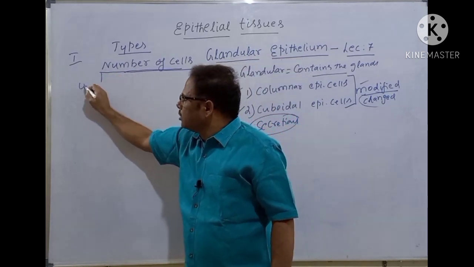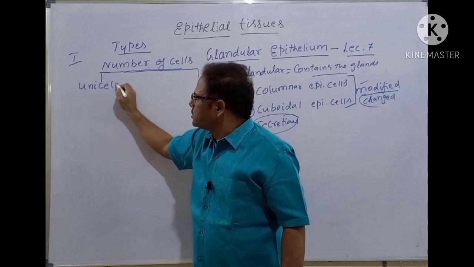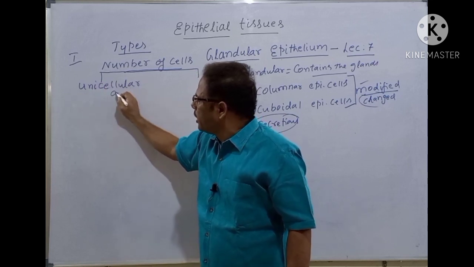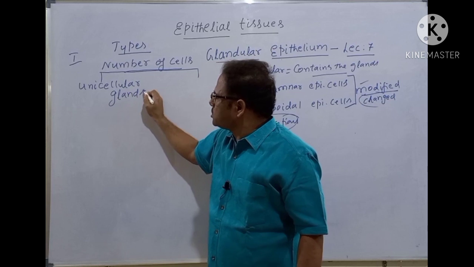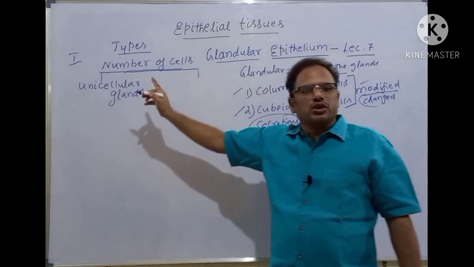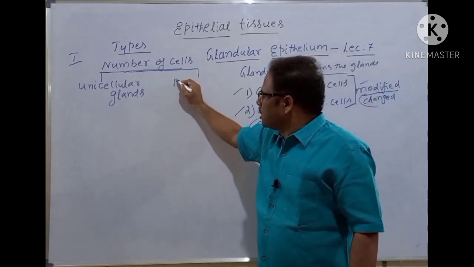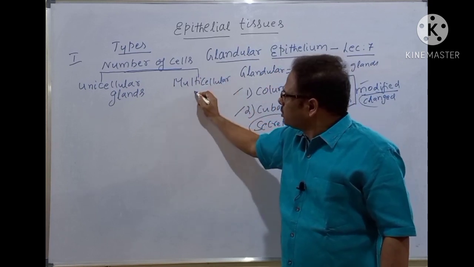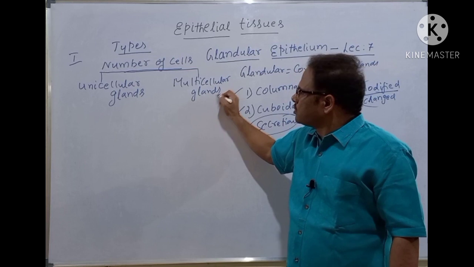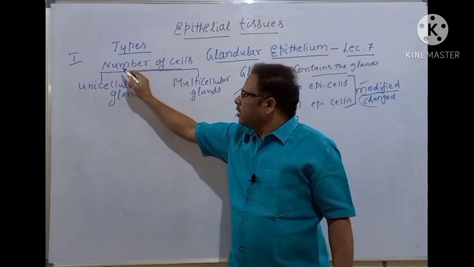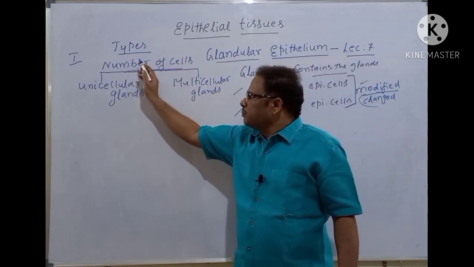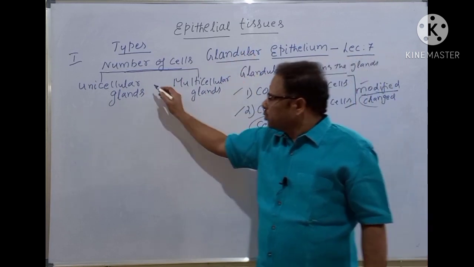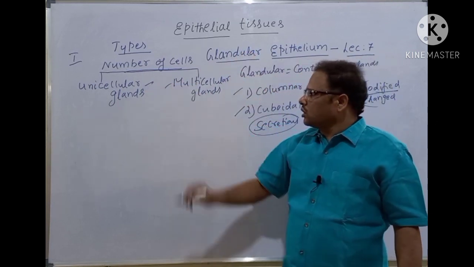One is called unicellular glands. Next one is called multicellular glands.